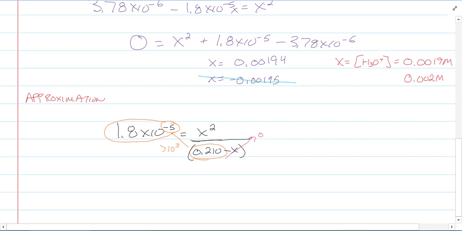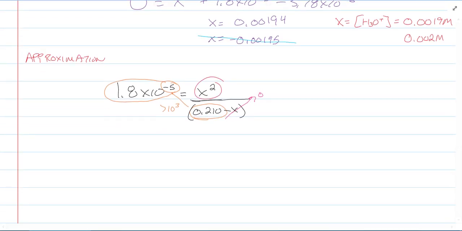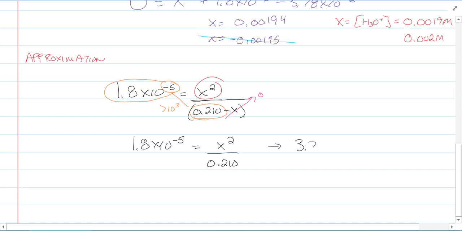We still keep this x up top. So when we approximate, I get 1.8 times 10 to the negative 5 equals x squared all over 0.210, which goes to 3.78 times 10 to the negative 6 equals x squared.